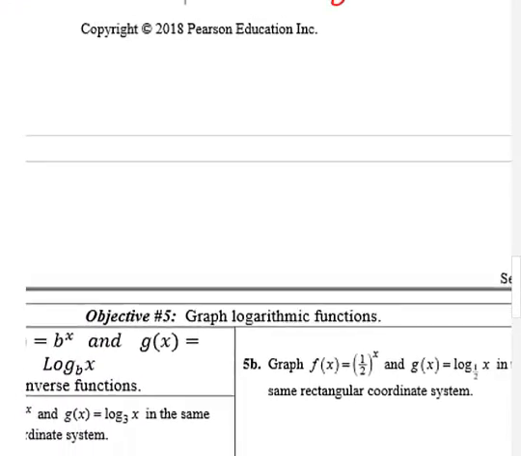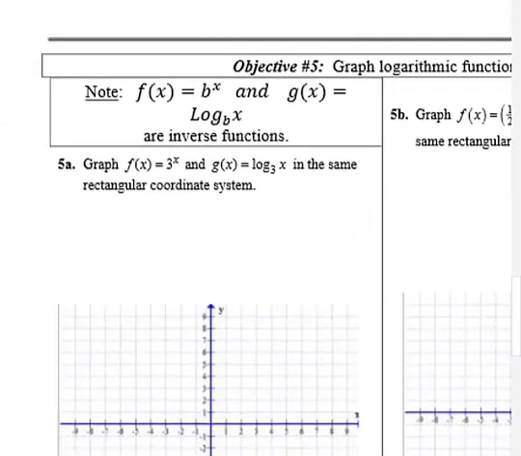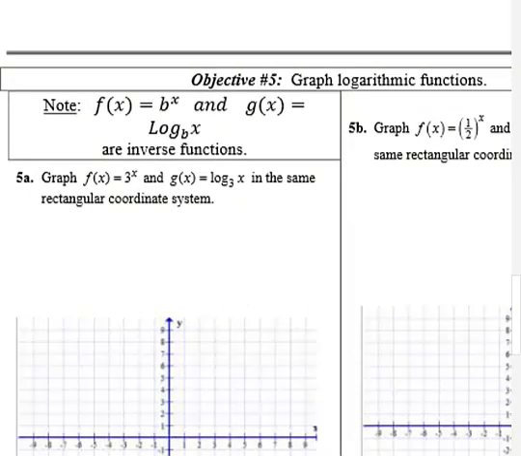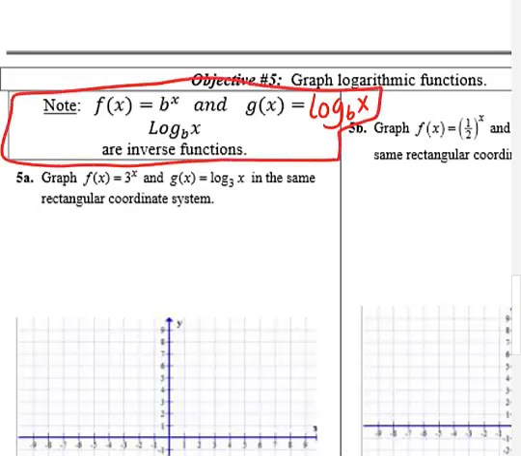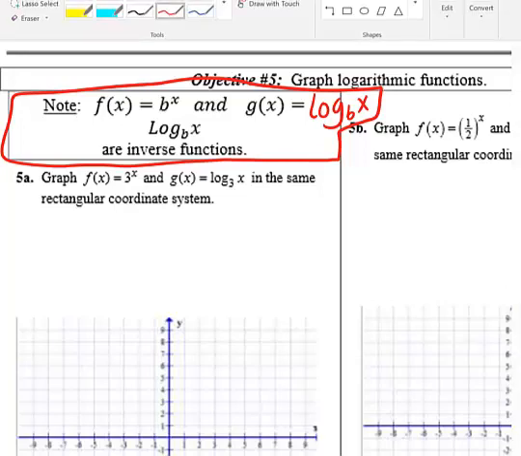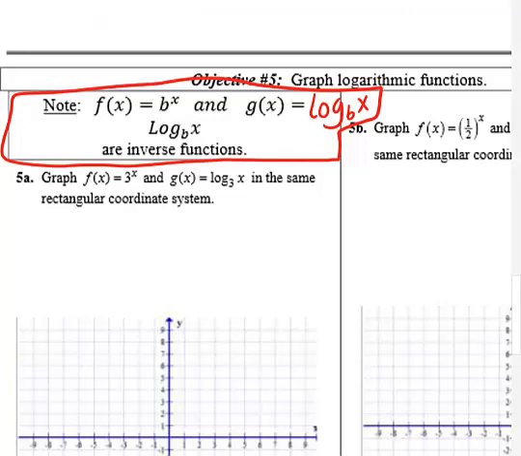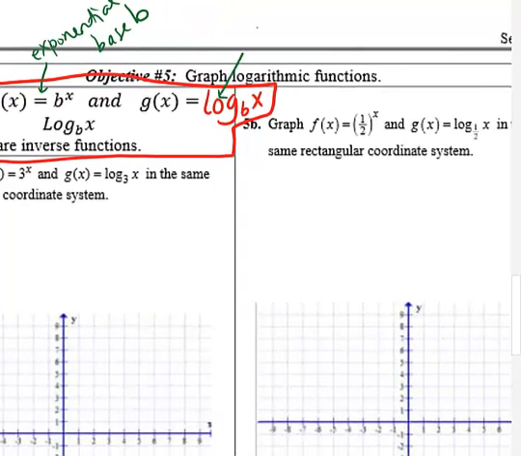Alright, now we can talk about graphing logarithmic functions. Like we mentioned before, I should say log base b of x, sorry. Note that f of x equals b to the x, the exponential function, is exponential with base b, and the logarithmic function is a logarithm base b.